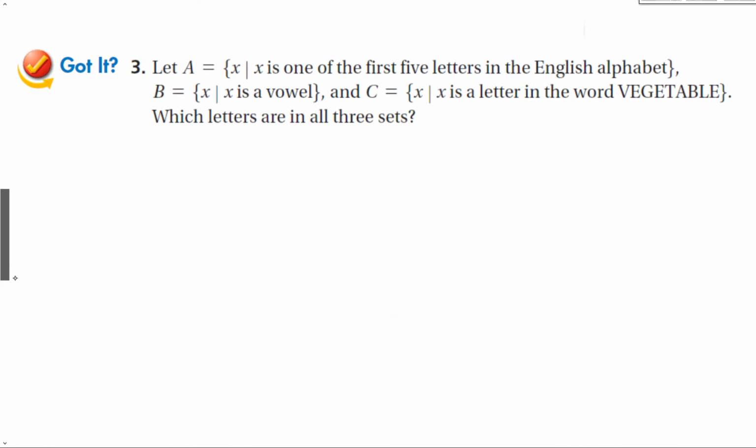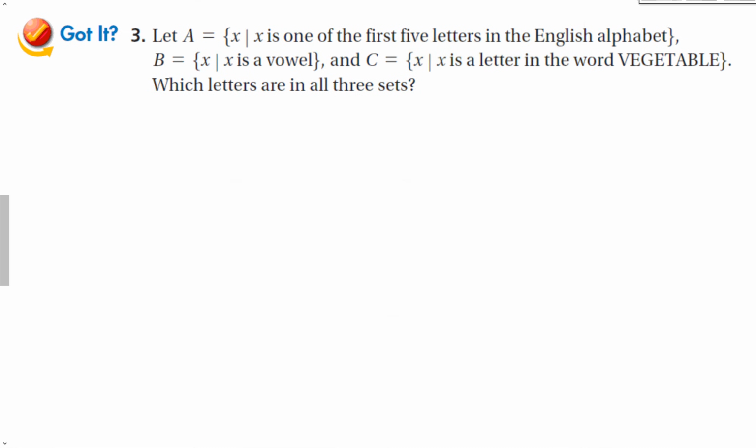Let's look at a guided problem. Set A is the first 5 letters of the English alphabet. So A is going to be A, B, C, D, or E. Set B is the vowels.